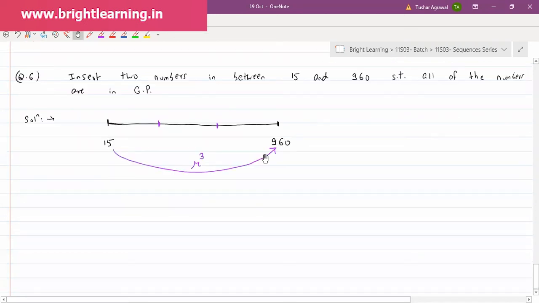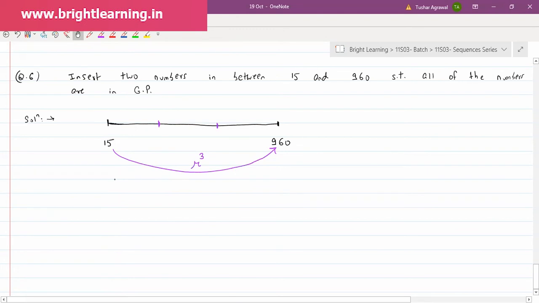From 15 to 960, I will have to travel r 3 times, so it will be r cube. If 10 numbers are inserted, that ribbon is cut into 11 pieces, so the multiplicative factor from first to last is r to the power 11.